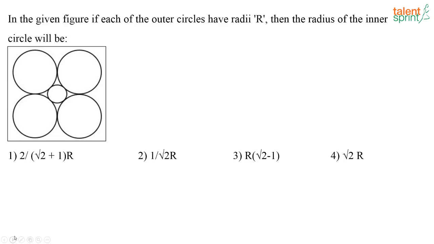Next one. The median will not cut the angle into two equal halves. Angle cutting into two equal halves is what? It is the angular bisector. Median will cut the opposite side into two halves, right? It will go from one vertex to the opposite side, and it will divide that line into two equal halves.